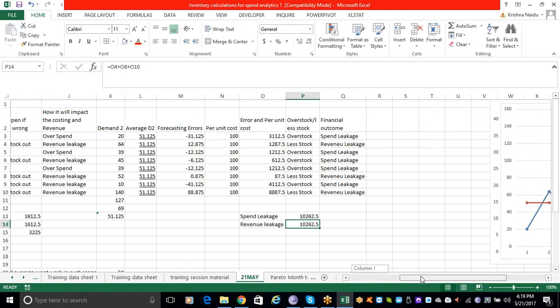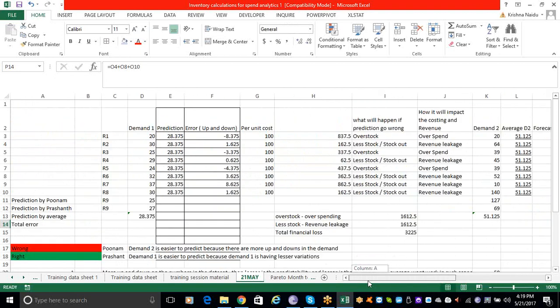Now we'll see the predictions and their impact. If Poonam, in the first case, made a prediction of 25, and in the second case, Poonam made a prediction of 127, what would have been the impact?